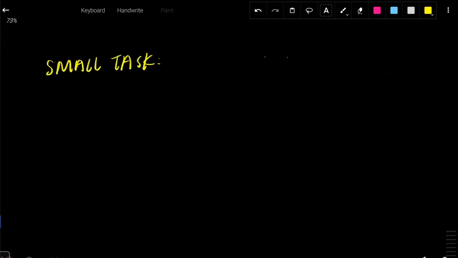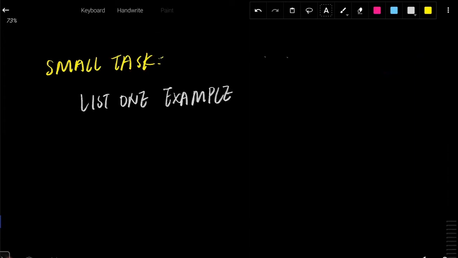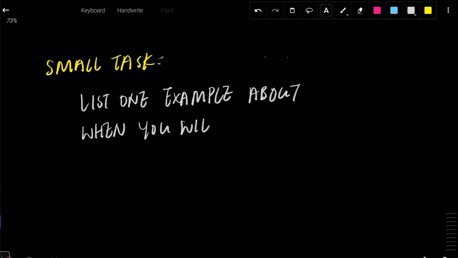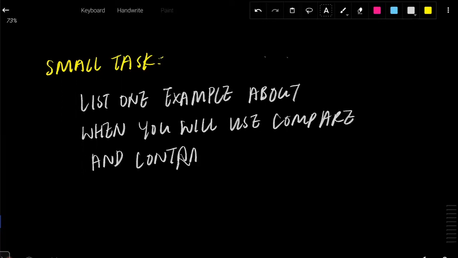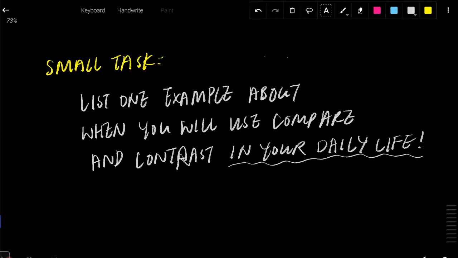So I have a small task for you for this skill, which is to list one example of when you will use compare and contrast in your real life, in your daily life. It might not be your own experience, it might be some experience from people you observe, but just list one example from your daily life, which you can see evidence of using compare and contrast.